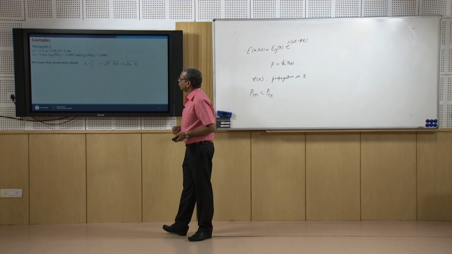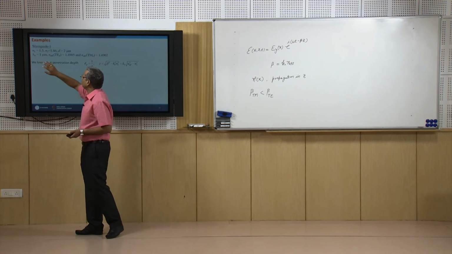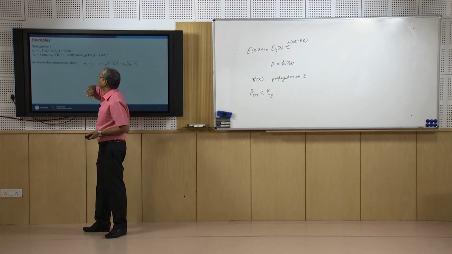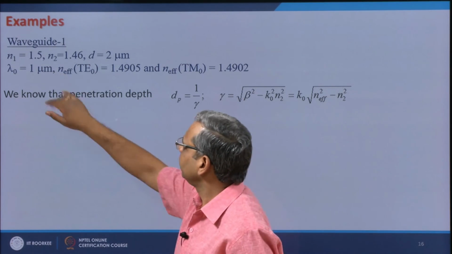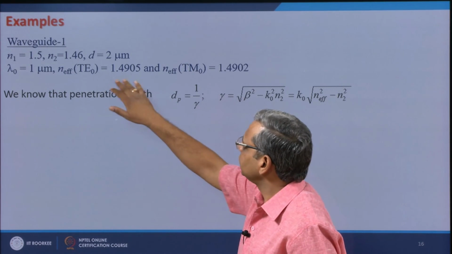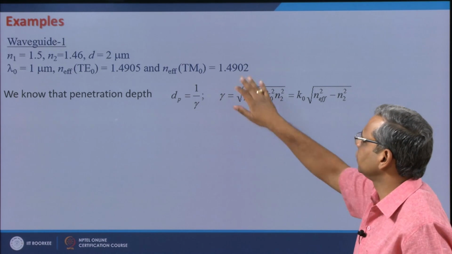I can look at some examples. If I consider this waveguide with n1 equal to 1.5, n2 equal to 1.46, d equal to 2 micrometer, at lambda equal to 1 micrometer, n effective of TE0 mode comes out to be this, and of TM0 mode comes out to be this.